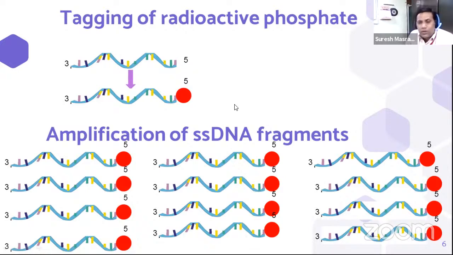Now, the polymerase which we are using in the PCR is a specialized type of polymerase, that is Taq polymerase, which is derived from the bacterium, and this polymerase remains active at a very high temperature. At higher temperature, this polymerase carries out the replication process, and therefore we use this kind of polymerase during this PCR.